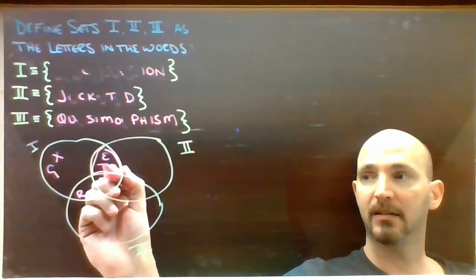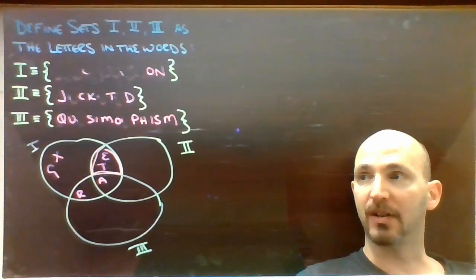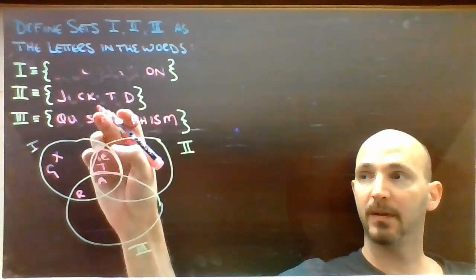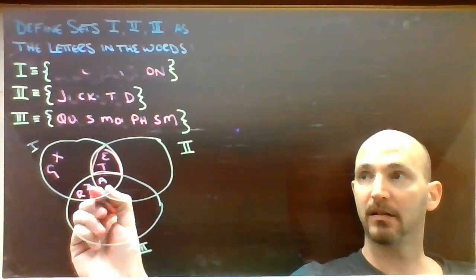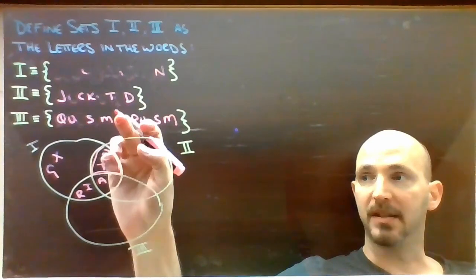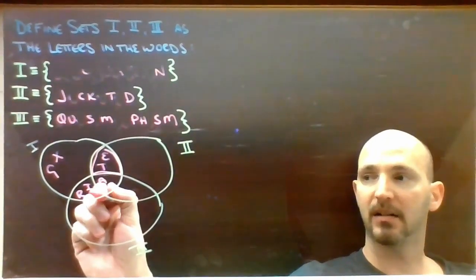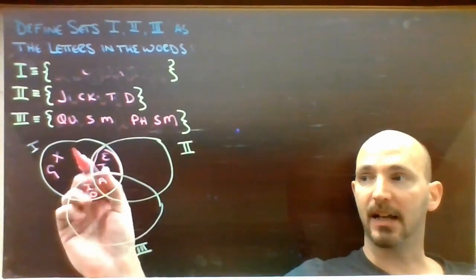That's here. I is in exaggeration and quasimorphism, which is here. O is in exaggeration and quasimorphism, which is here. N is only in exaggeration.